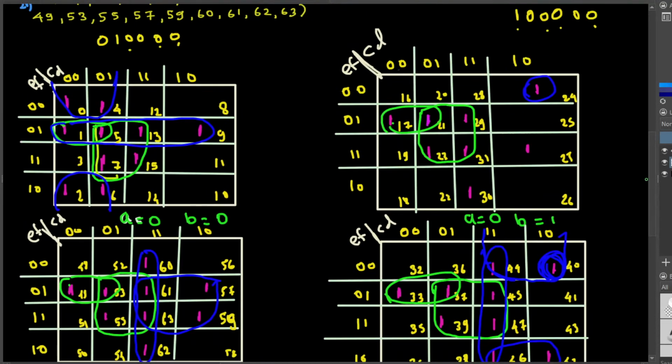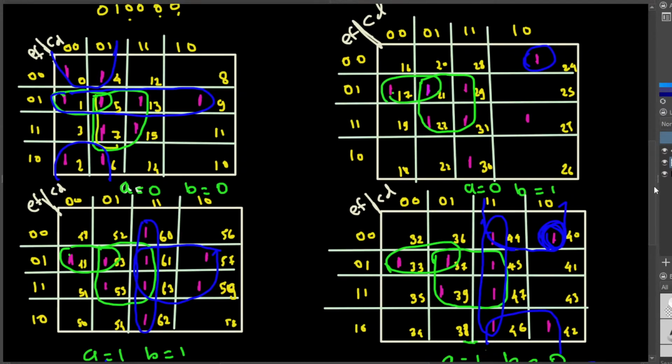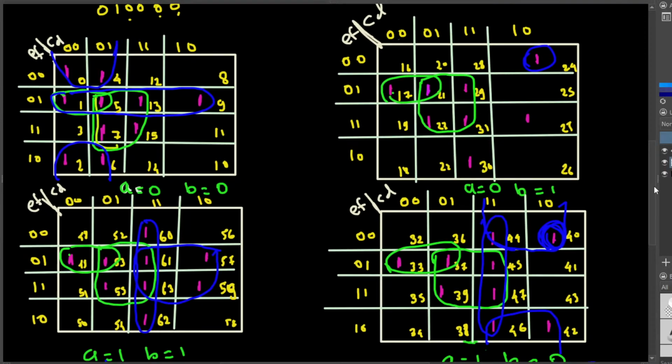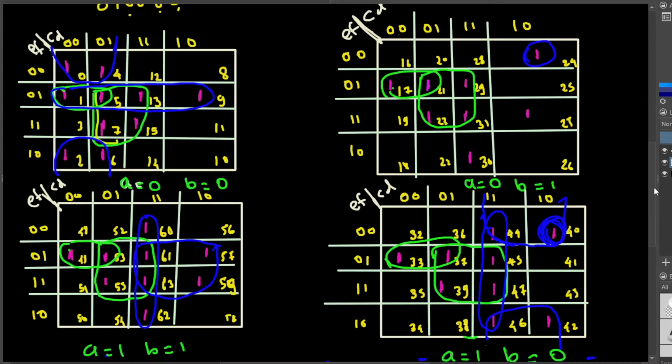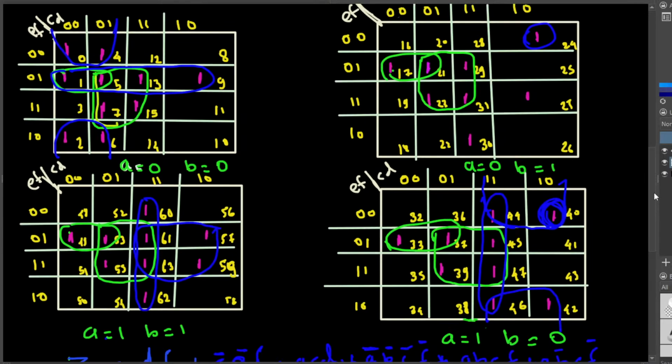Okay, let's look at this one. Can I make this one a 2 or 4? Okay, here's one thing you have to be careful of.